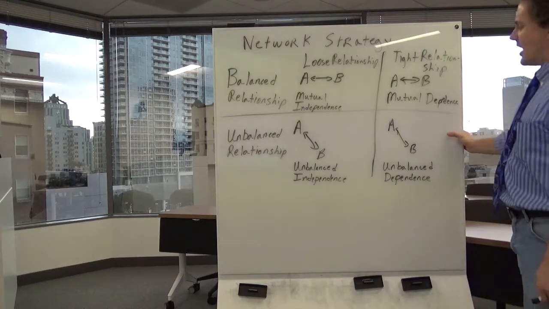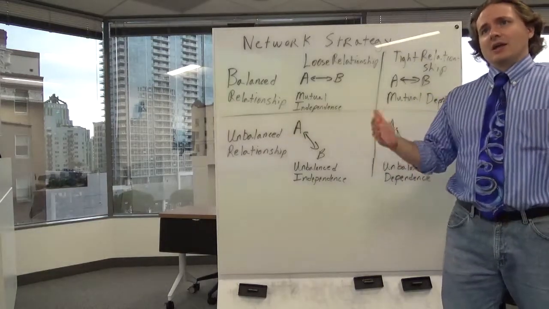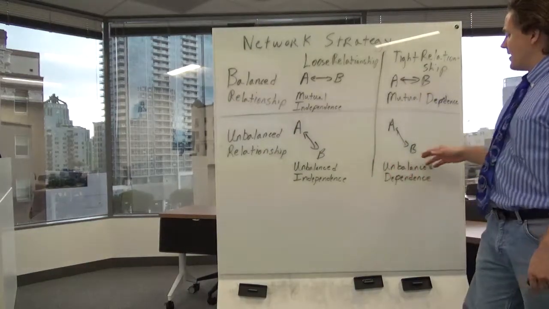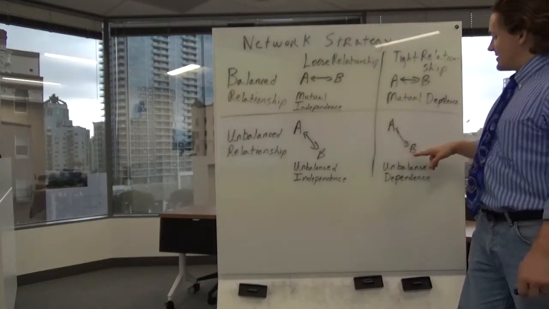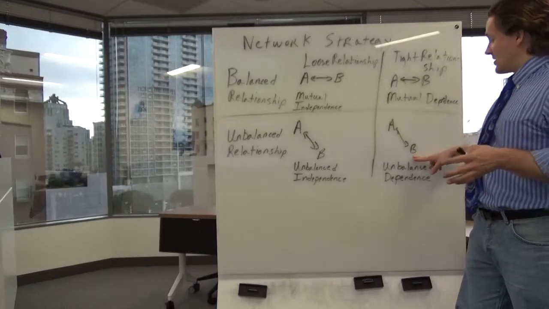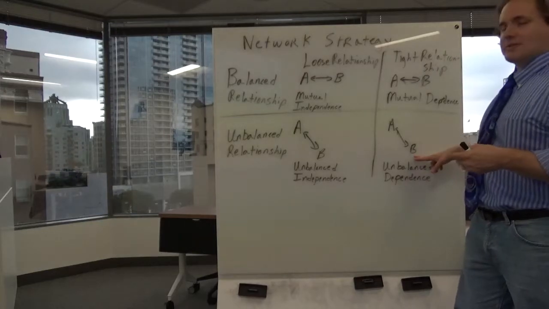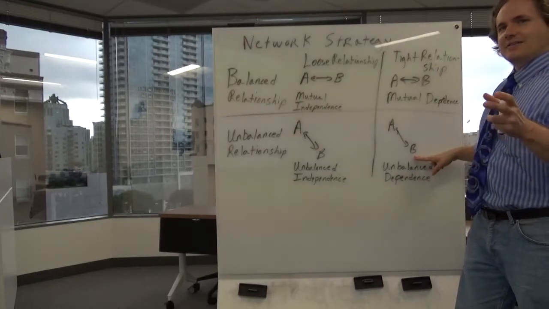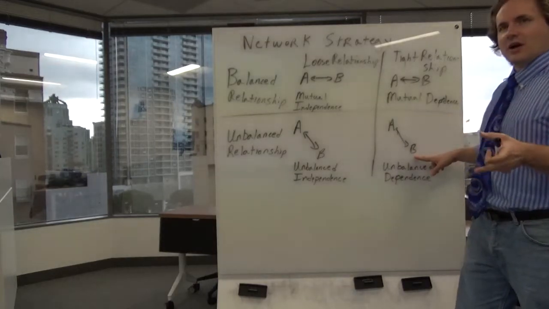Now, when you start getting into unbalanced dependence, you might have two firms, but one is clearly in a position of power. My understanding is that McDonald's, as a firm in power, has a single potato supplier for their French fries, and they dictate the terms of exchange to that potato supplier. But again, these two firms are relatively closely linked.